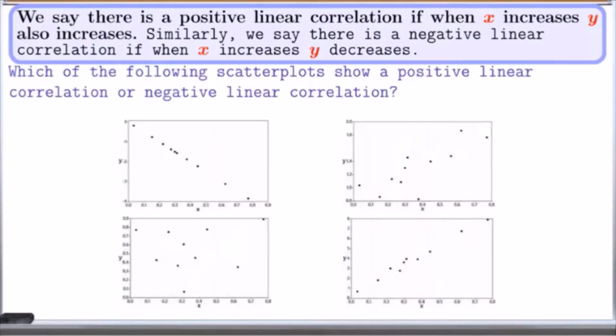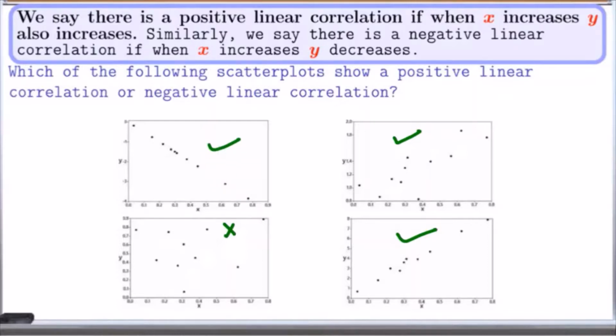Here in this slide, we are again given 4 scatter plots. Previously, we said that among these 4 scatter plots, this one has linear correlation, this one has linear correlation, this one does not have linear correlation, and this one has linear correlation. Now, here we want to find out which one has positive or negative linear correlation. Since this one is sloping downward, it is negative linear correlation.